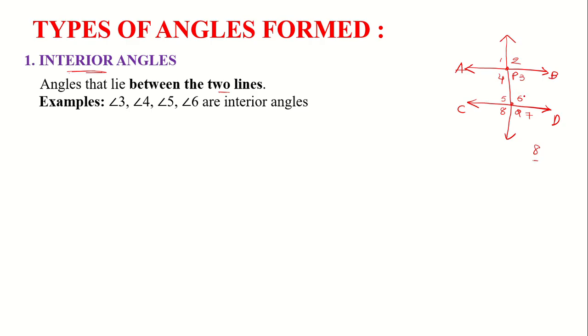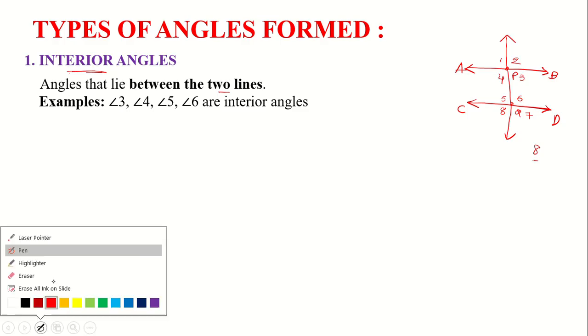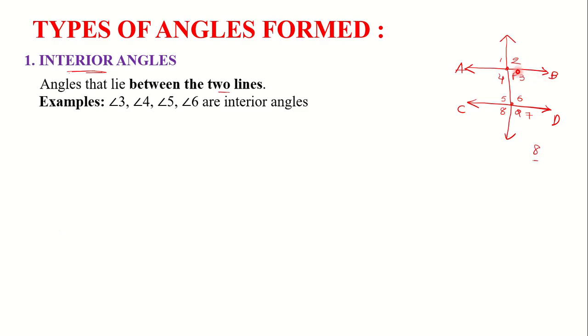So here, angle 3, angle 4, angle 5 and angle 6 are lying between the two lines and they are inside the two lines. So interior angles are those angles that lie between two lines or inside the lines. Okay. So here angle 3, angle 4, angle 5, angle 6 are interior angles.